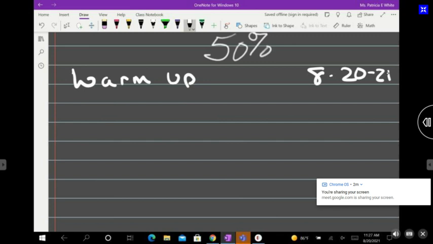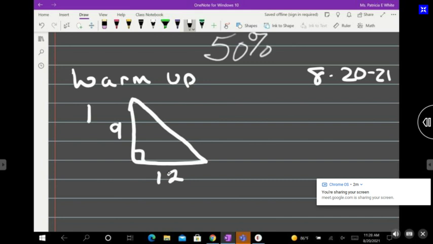All right, so number 1, I have a triangle. It's a 90-degree triangle. And I have a 9 and a 12. This is going on our warm-up from this week. Should I add or subtract?